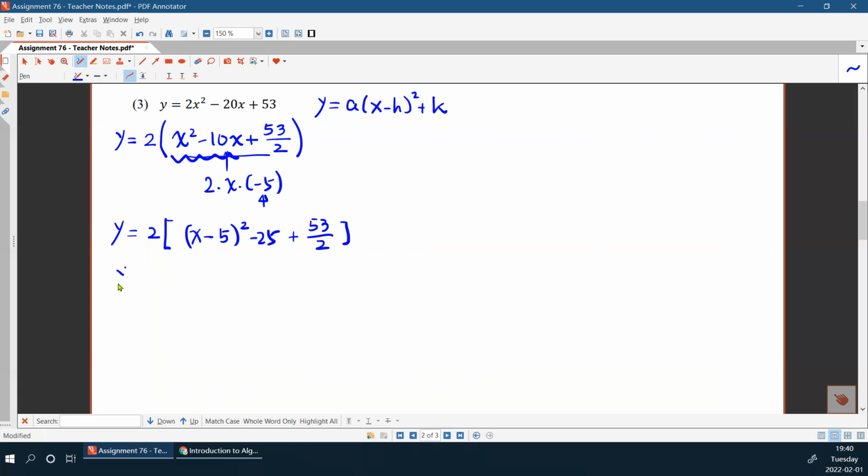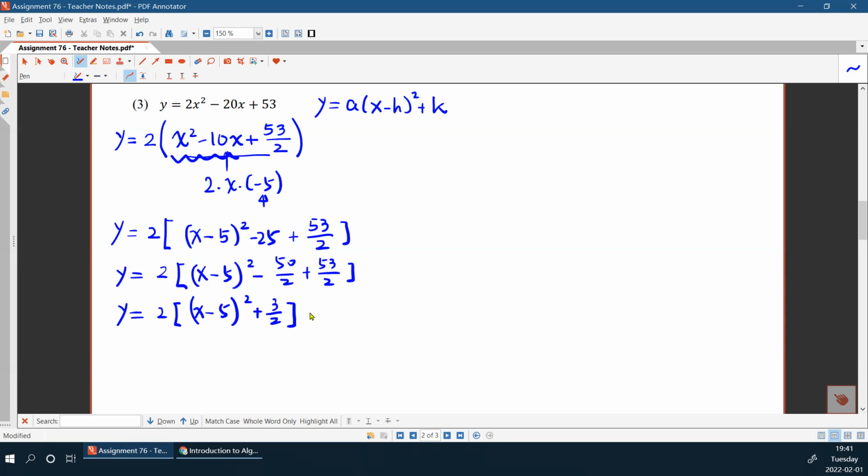Okay, and then let's simplify. This is (x minus 5) squared, then minus 50 over 2 plus 53 over 2, which is y equals 2 times (x minus 5) squared, then plus 3 over 2, right?